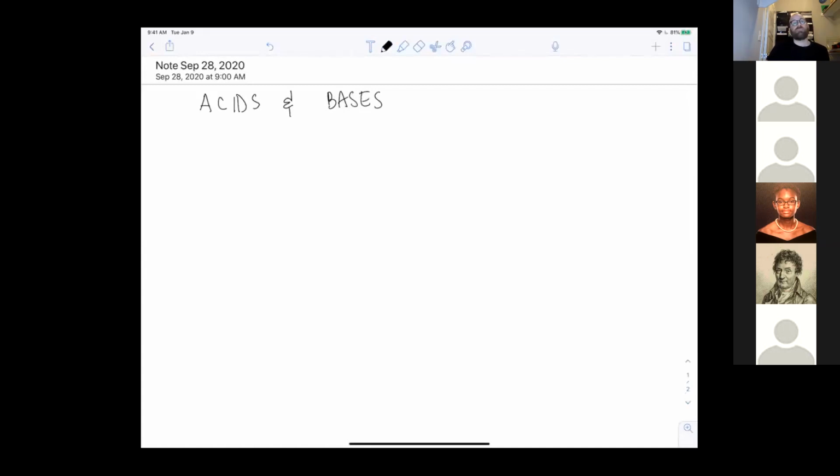The most common and the most useful definition, and the one that we'll mostly stick with, is the Bronsted-Lowry definition, which is just that we'll call acids proton donors. We'll call bases proton acceptors.